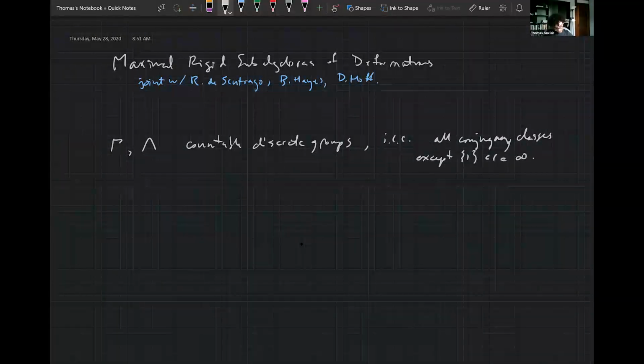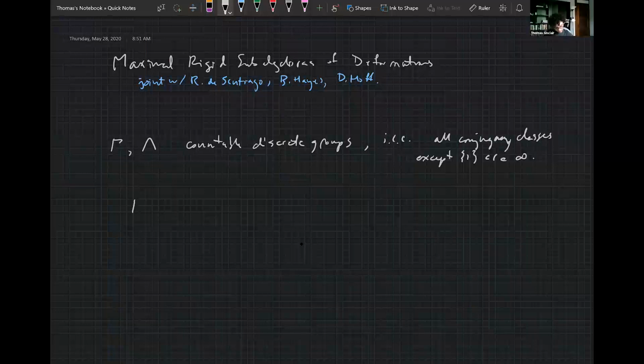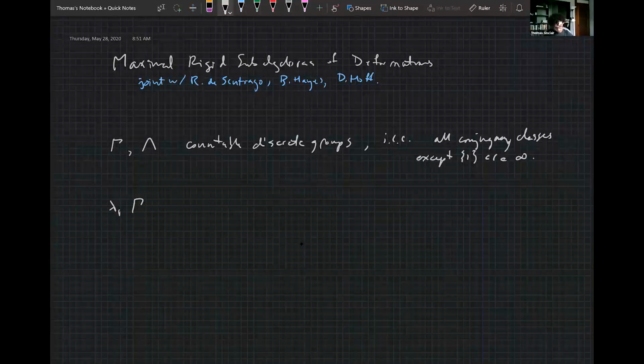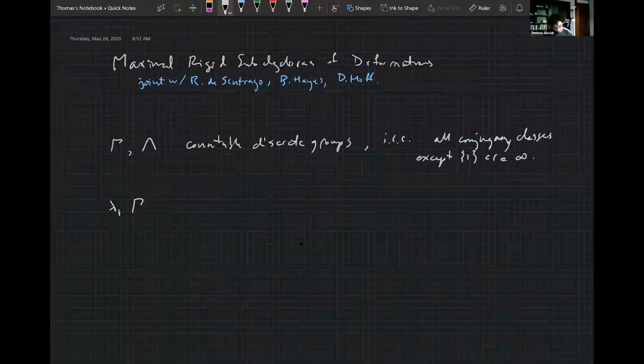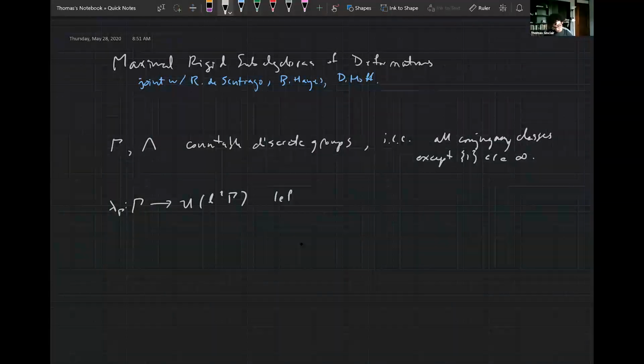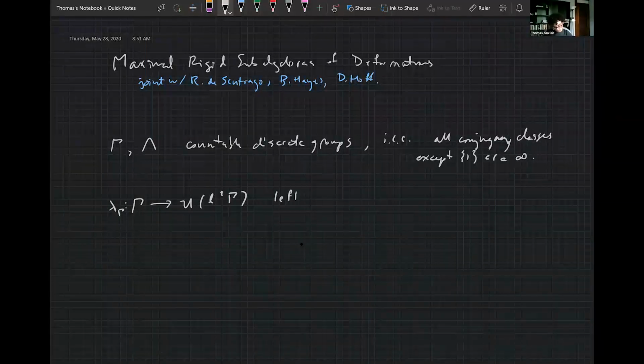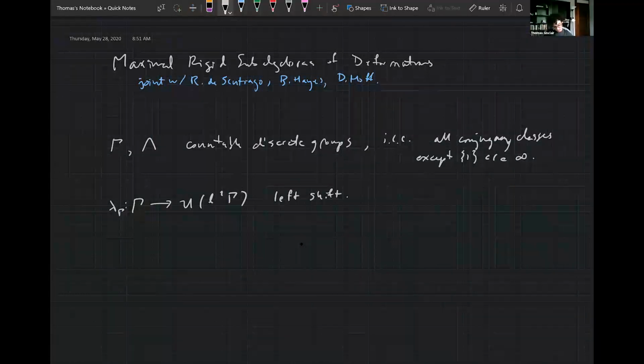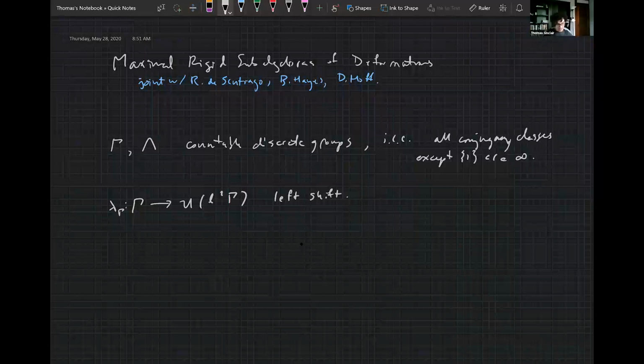For one of these groups, you can get a unitary representation on little L2 just by left shift of the natural basis by the group. That's the left regular representation.